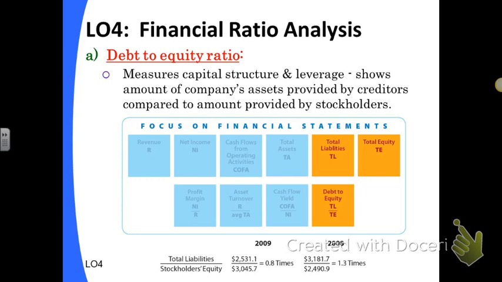This is generally considered a good thing when this particular ratio goes down. We want to try to keep this ratio at or below 1.0 times. And as we can see with our company from 2008 to 2009, their ratio went from 1.3 times to 0.8 times.